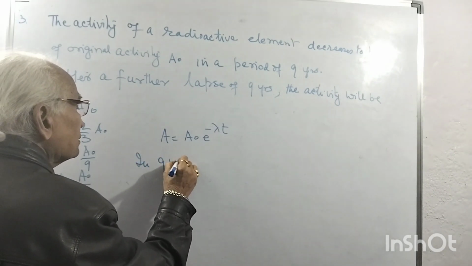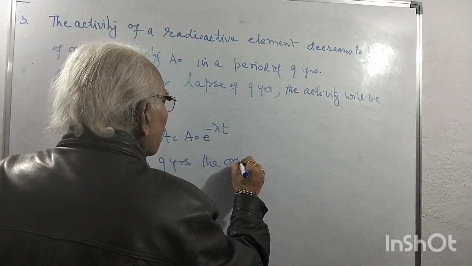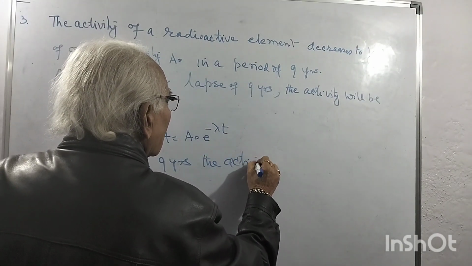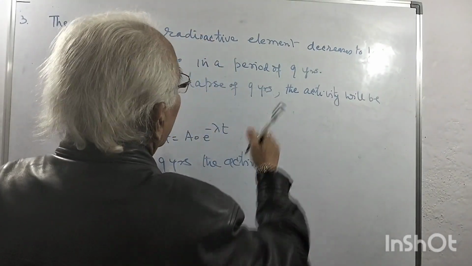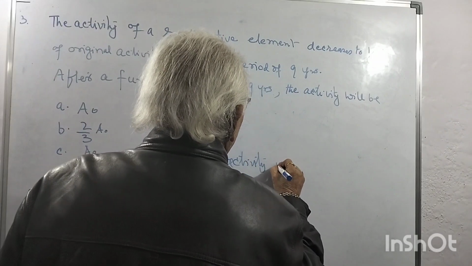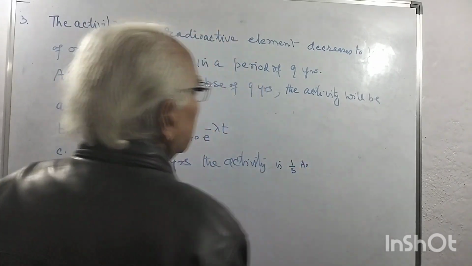In 9 years, the activity is 1/3 of A naught.